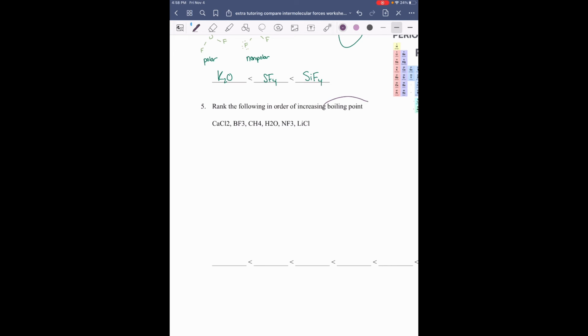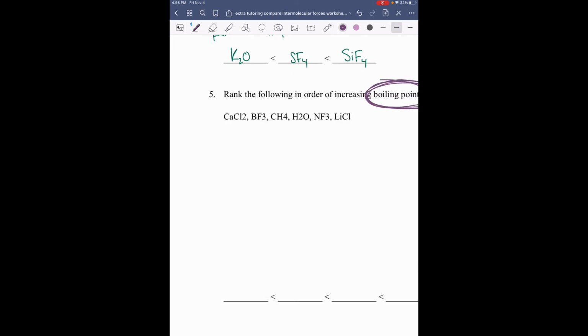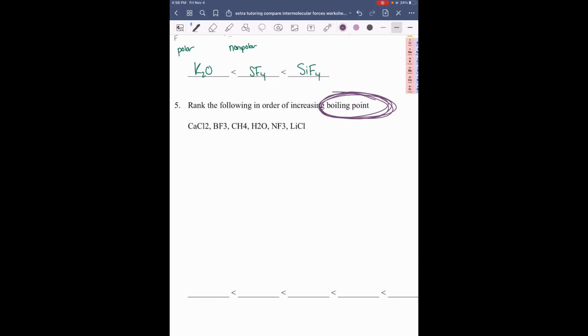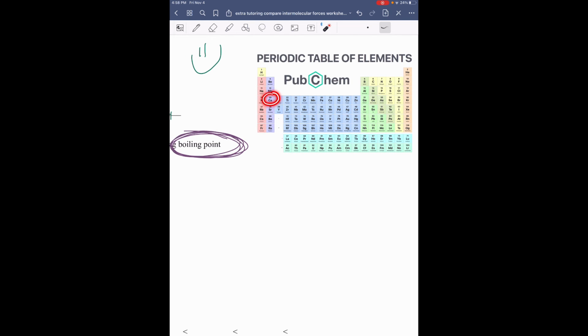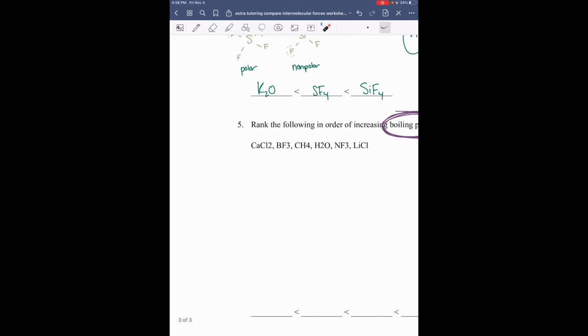Okay, first step. We're comparing boiling points, good to note. Now we're going to go through and identify what type of interactions we're having. So, CaCl2: we have our calcium in here, so that is an ionic species.